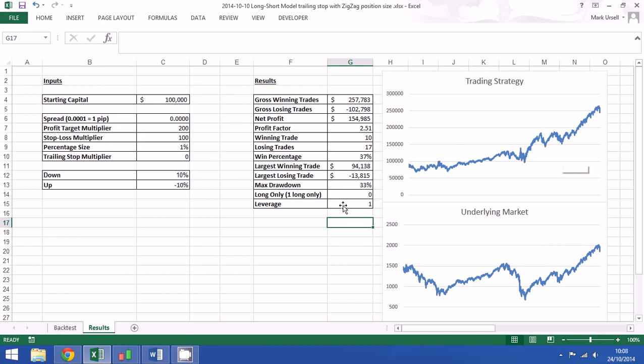The leverage that I'm using in this strategy to test it is 1-to-1, so this could be simulating a fully invested strategy. And we can see that from our starting point here, using a notional $100,000 of capital, that we've increased this at a greater rate than the underlying index has increased at this time.